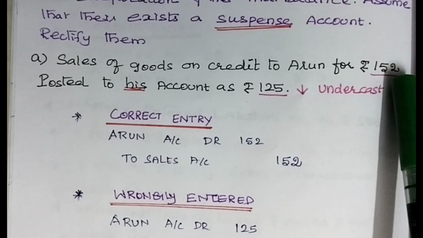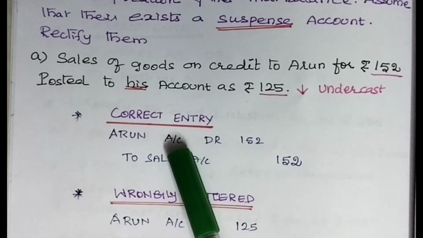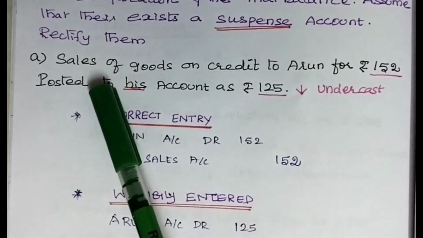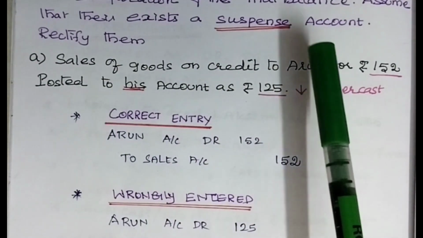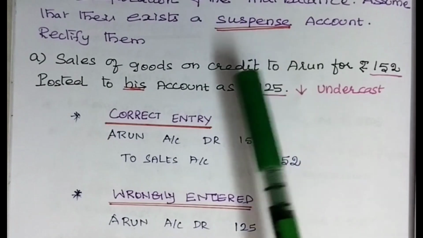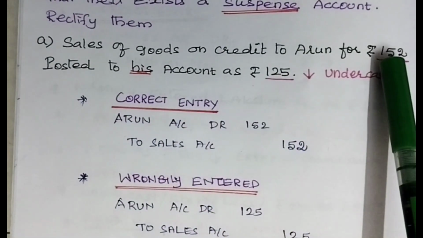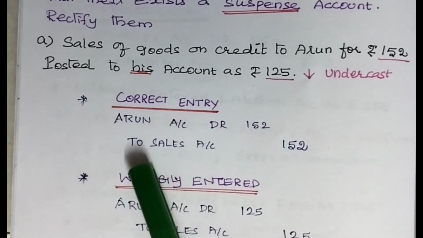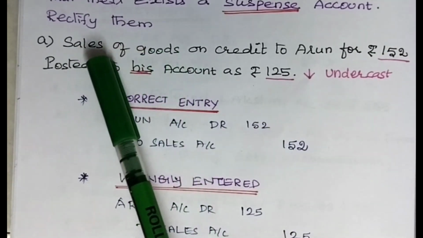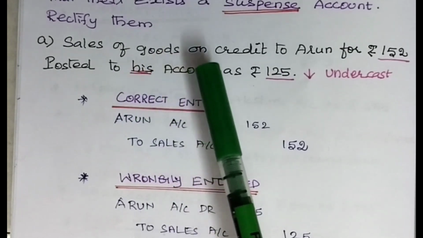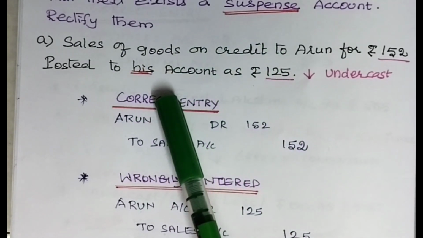What is the journal entry for this? Who is the receiver? Arun is the receiver. You sold goods to Arun. So debit the receiver. We debit Arun's account, 152 rupees. When you sold goods, you generate sales. Whenever you generate sales, income comes into your business.